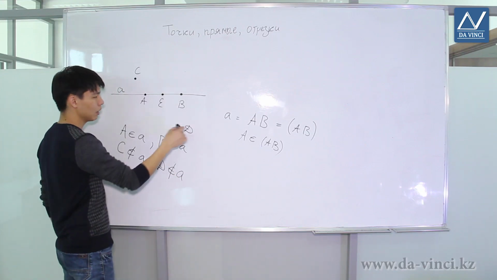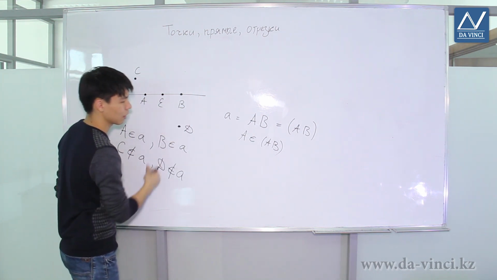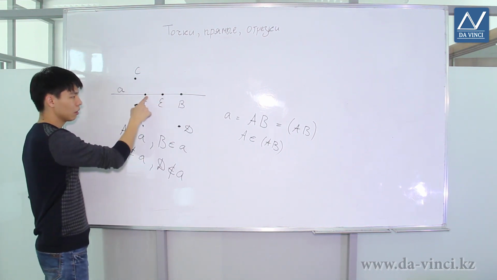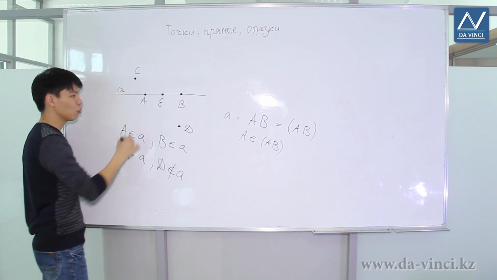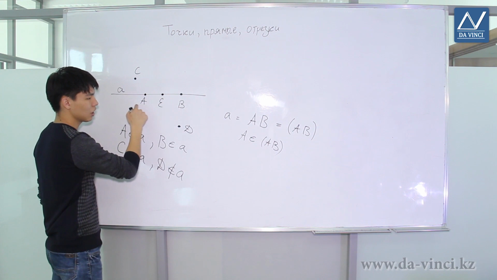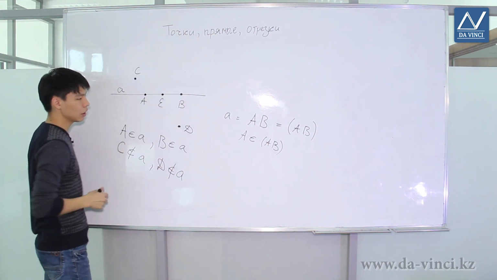In general, through any 2 points, assuming that these points do not coincide, only one straight line can be drawn. It means that these lines AE, AB, BE, and line a are all identical to each other.